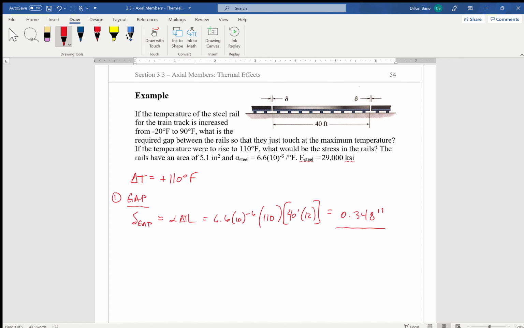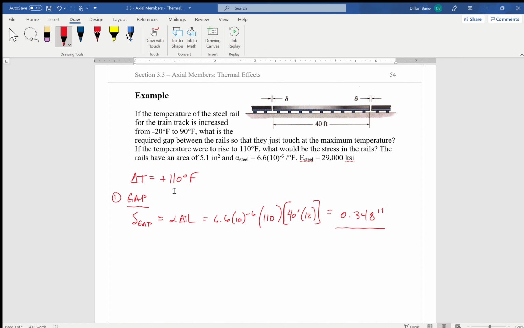Next part of this problem says, what if the temperature were to raise to 110 degrees? What would be the stress in the rails? So at this point, the first 110 degree delta T, going from negative 20 to 90, was basically unrestrained thermal expansion, correct?